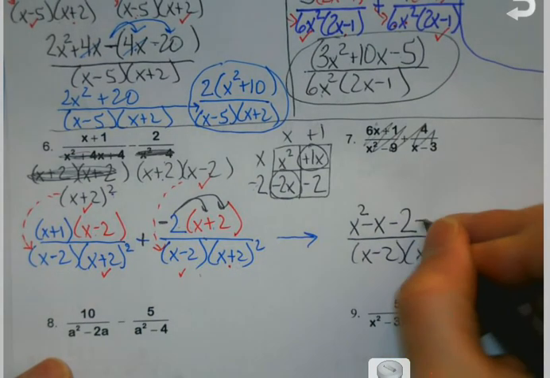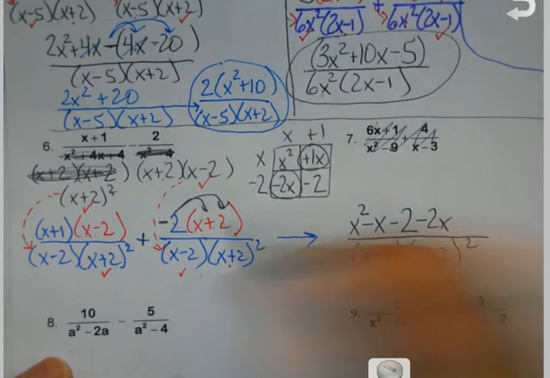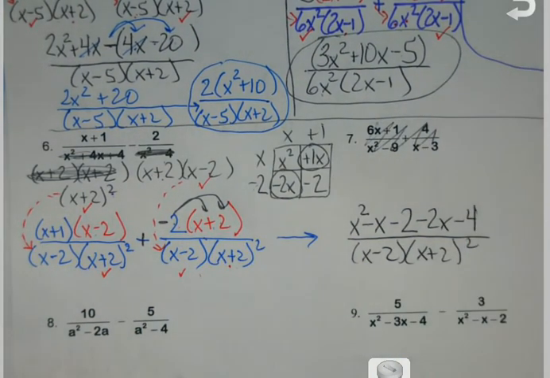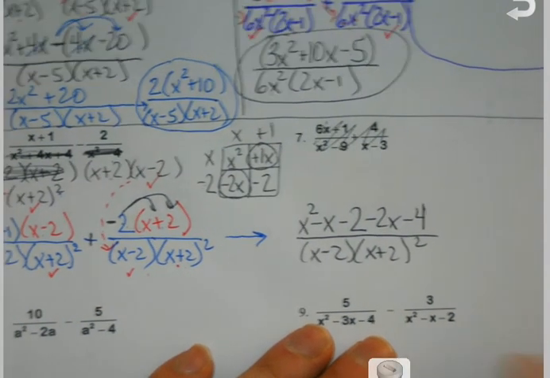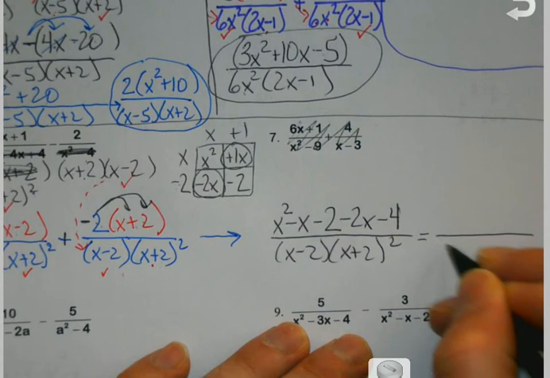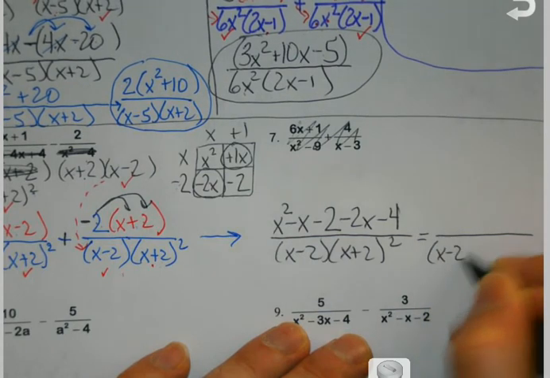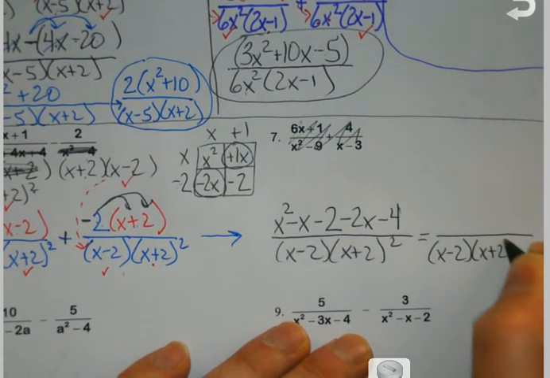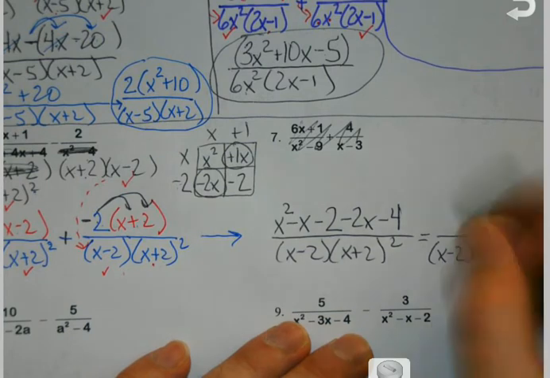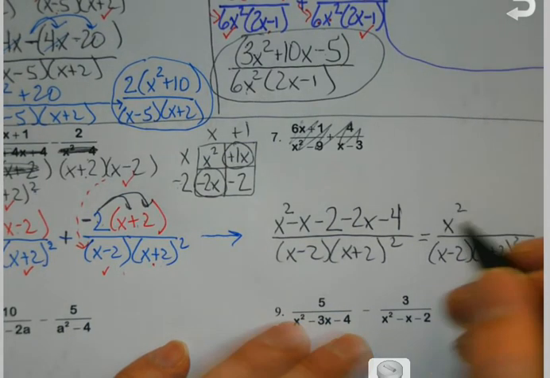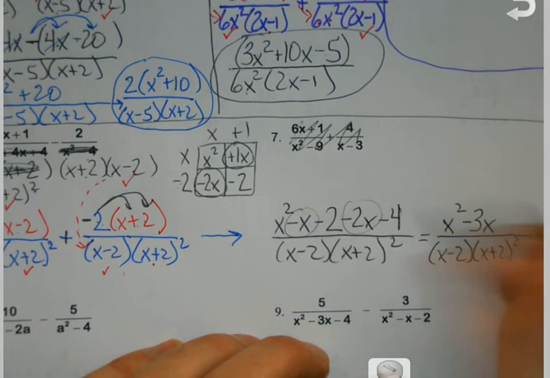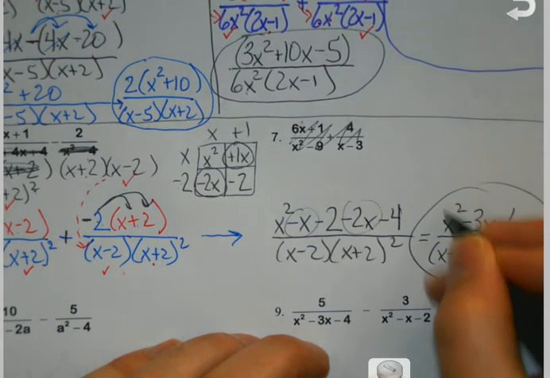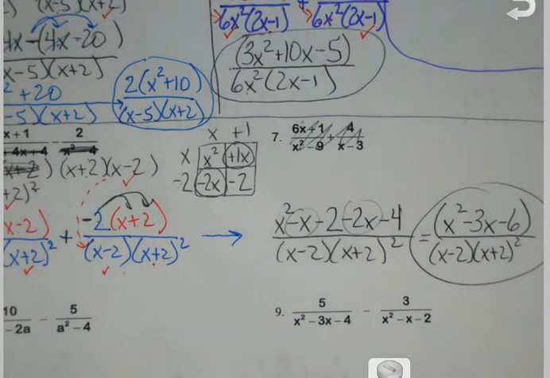So minus 2x, negative times positive is negative. And now I just got to clean up the top and I'm going to be done. Combining my like terms, some of you can see how once I get the hang of this, there's parts I'm going to be able to put together. It's just a big patience game right now. And I'm set.